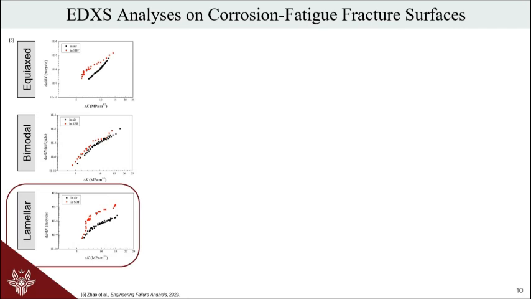So the idea is that it is probably in the fatigue propagation that we have the major effects of the corrosive environment, with respect instead to the initiation, which might be the same.